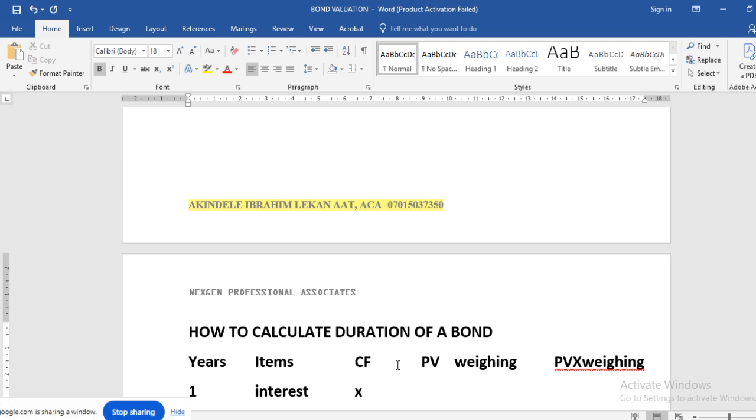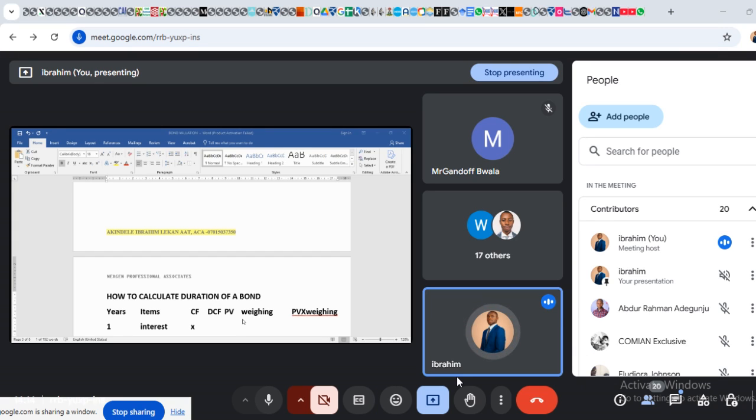Now the question is, where is the DCF? What will you use to discount it, class? What you will use to discount is yield to maturity. You can see how yield to maturity is very important.